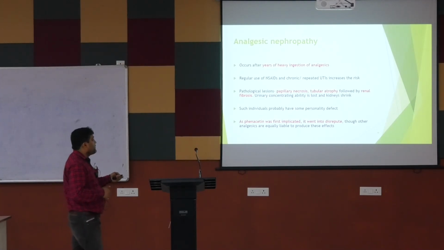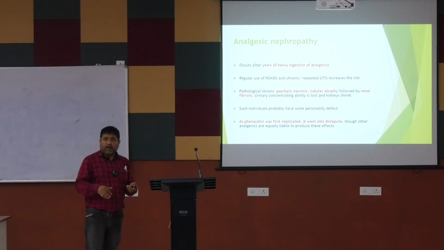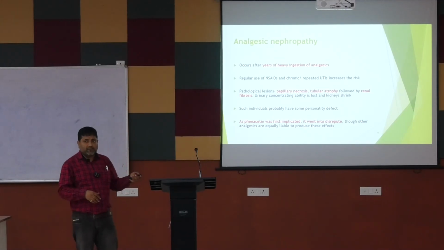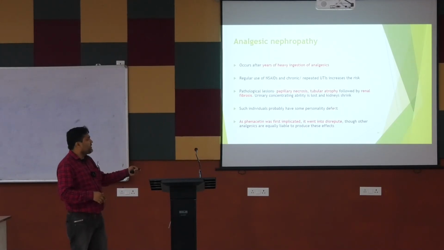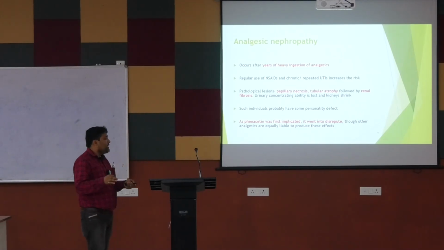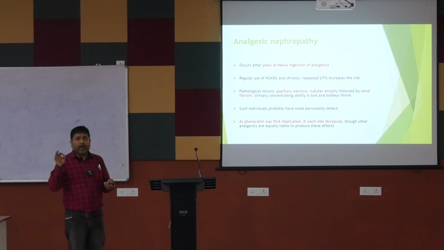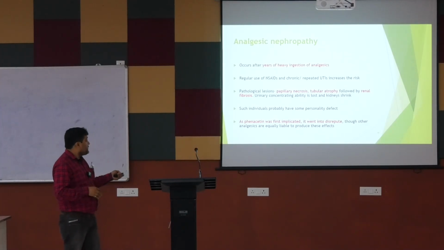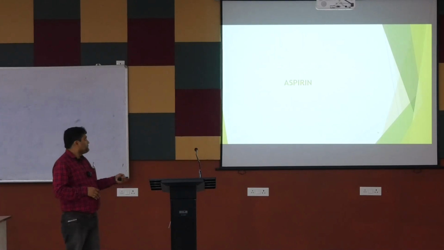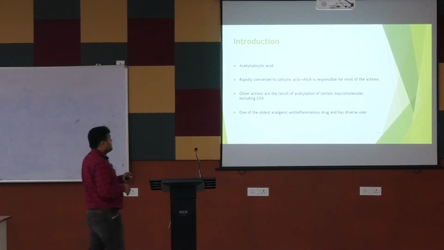Such individuals probably have some personality defect. A patient taking NSAID for a long term, definitely some personality defect should be there. As phenacetin was first implicated, it went into disrepute and was banned. Though other analgesics are equally liable to produce these effects. Aspirin.